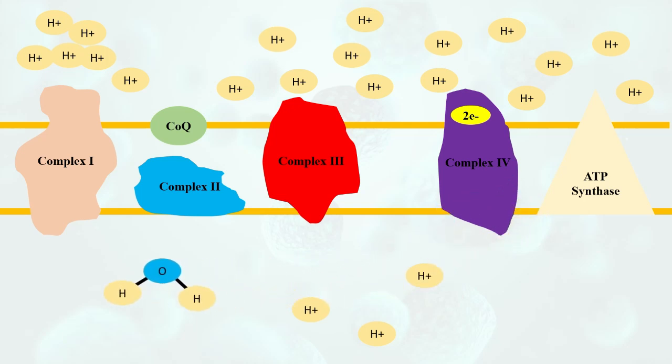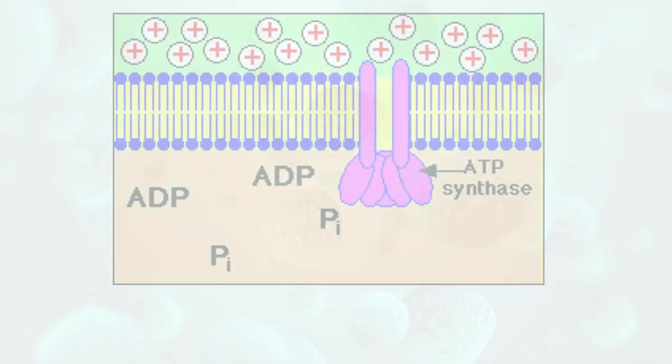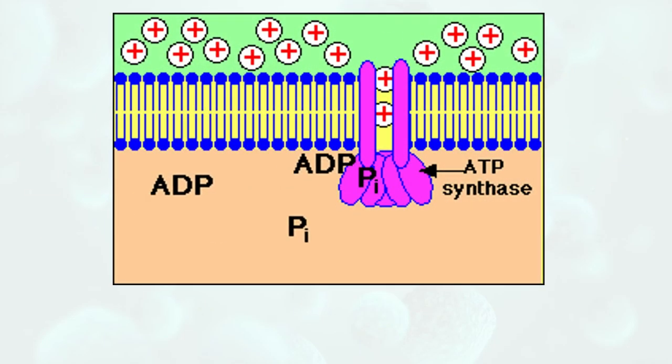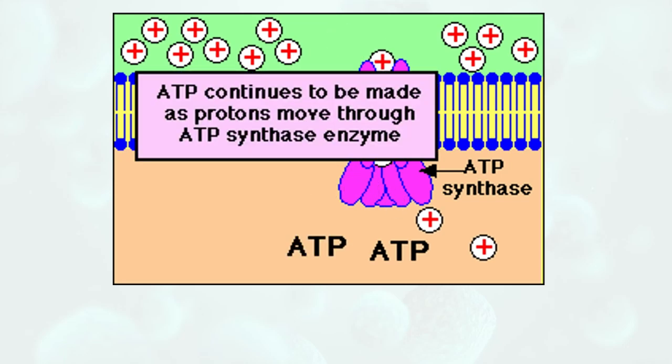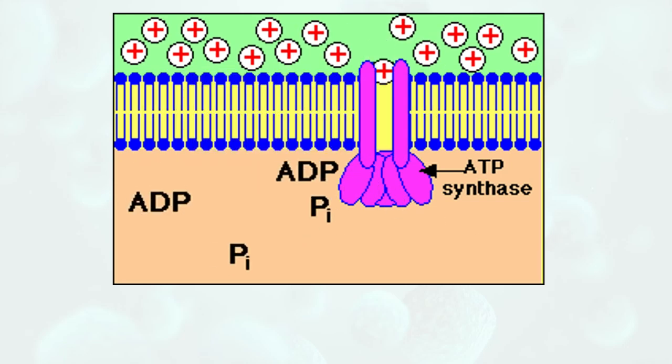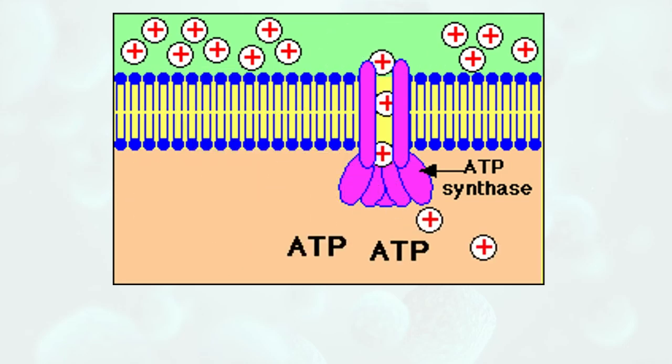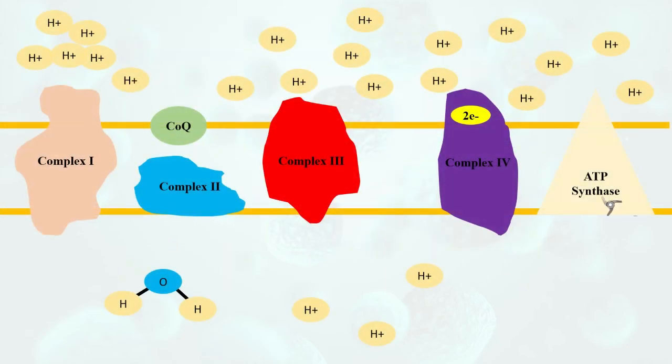So now let's talk about the protons and the ATP synthase. Think of ATP synthase as a turbine. There's like a turbine inside. For it to work, it needs protons to pass through. And as it passes through, it actually spins the turbine inside the ATP synthase.